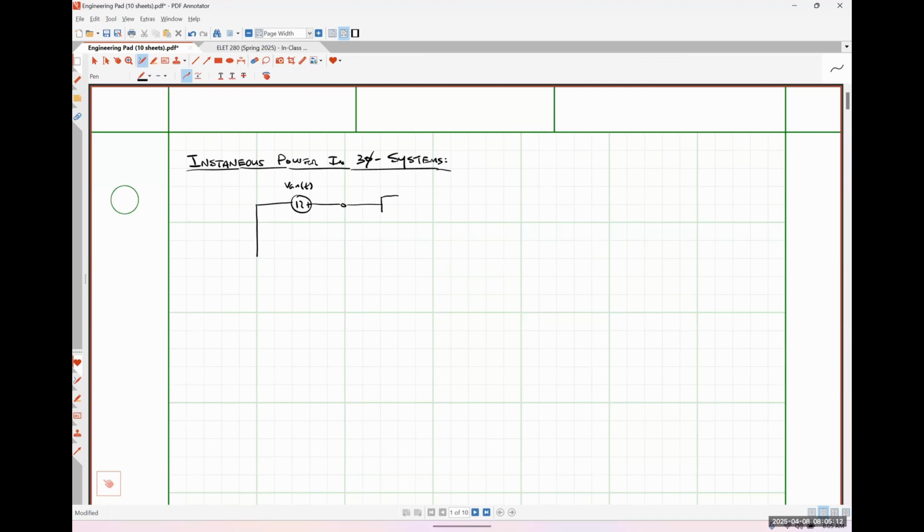Here's my transmission line impedance. Even though I'm dealing with things in the time domain, for lack of a better way to express things, I'm going to put that as an impedance. And then over here, I'm going to have my Y-connected load impedance. And let me just duplicate this a couple of times.